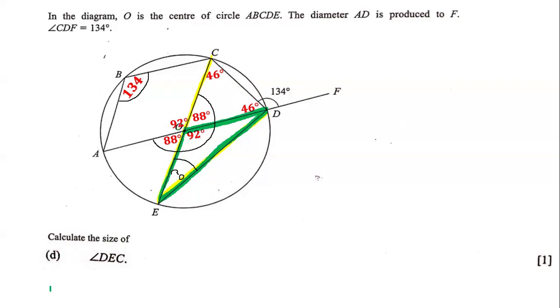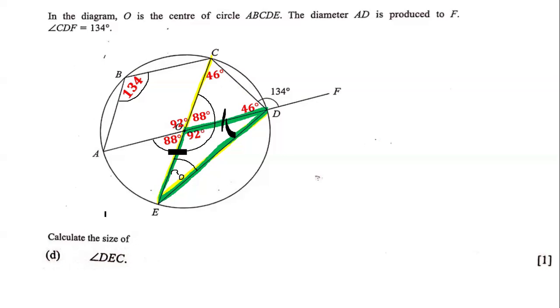We know that this side is equal to this side. We know that because OE is a radius, running from the center of the circle to the circumference, and OD is a radius because it runs from the center of the circle to the circumference. So both of these sides must be equal. And if both of these sides are equal, that means this angle right here must be equal to that angle. And we know the angles in a triangle add up to 180 degrees.